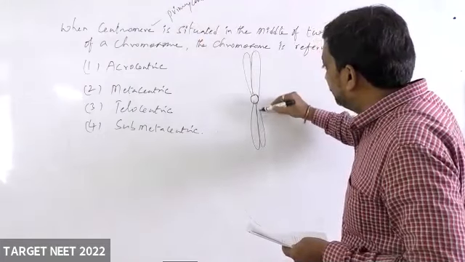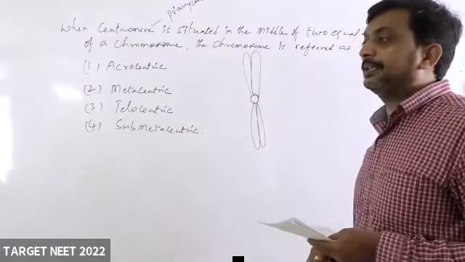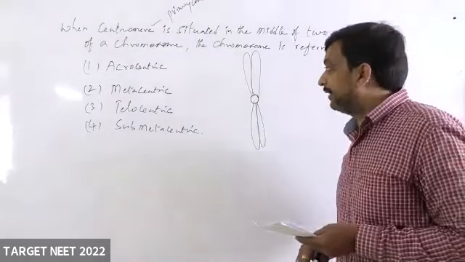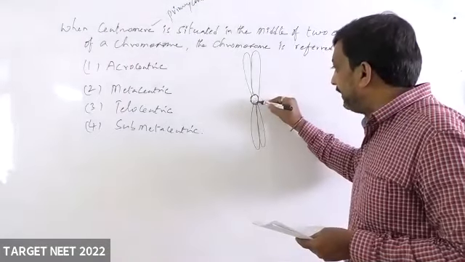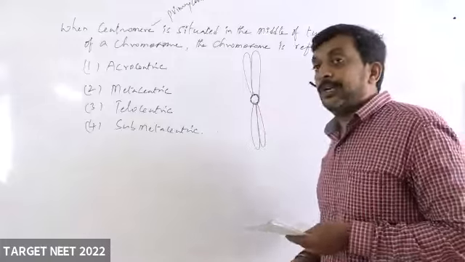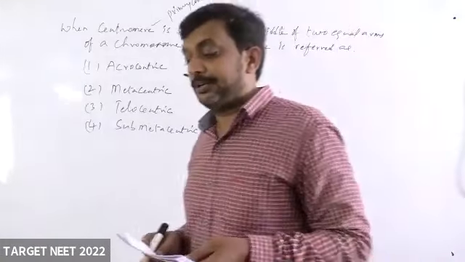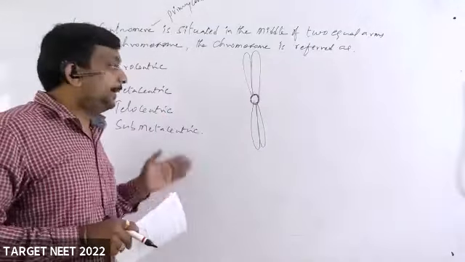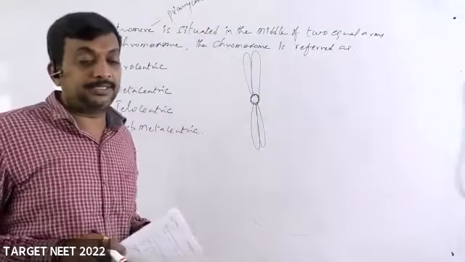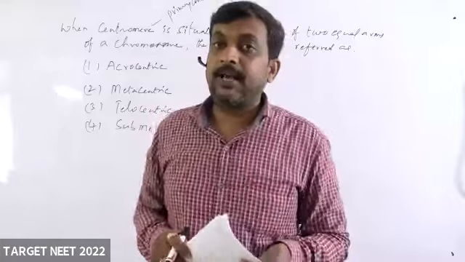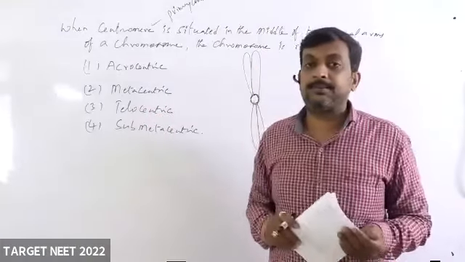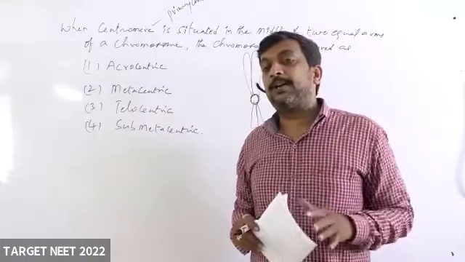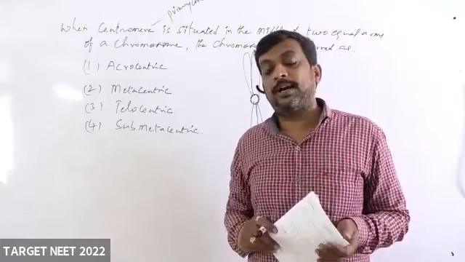That structure is what we call the centromere. Now, based on the position of the centromere, chromosomes have been called metacentric, submetacentric, telocentric, acrocentric, and so on. So five different types of chromosomes are identified.